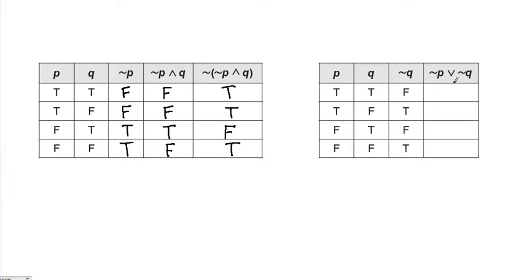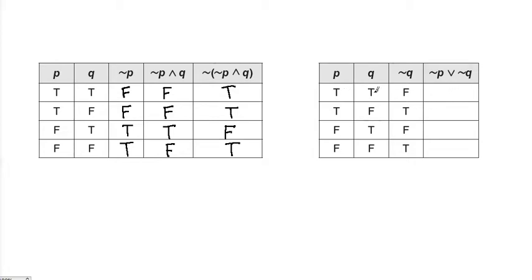And OR is tricky because in order for the OR statement to be false, both the participants must be false. Otherwise, they will be true. If only one of them is true, it will still be true. Both of them must be false in order to have the F. So let's check.